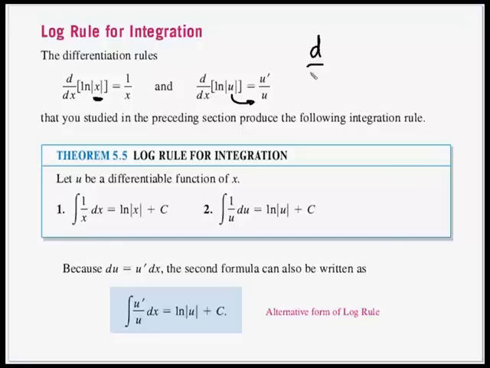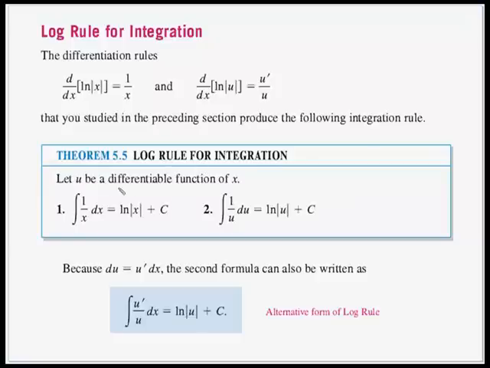Sort of like, what is the derivative of the ln of x to the third? Well, that derivative, our denominator is going to be our function x to the third, and our numerator would be its derivative, 3x squared.